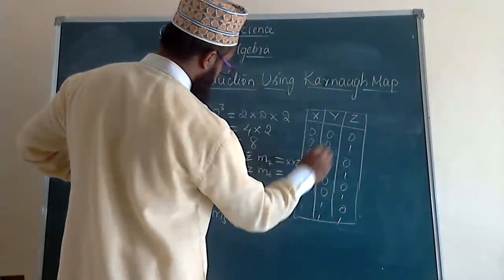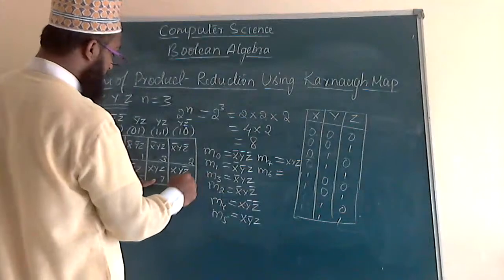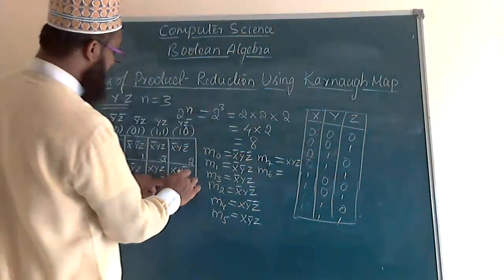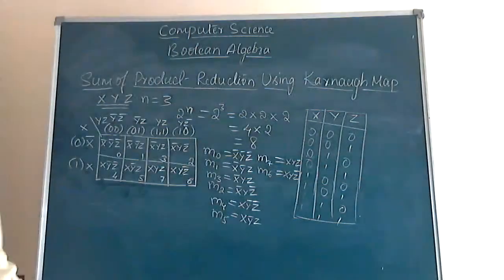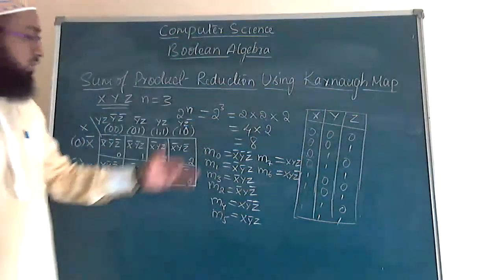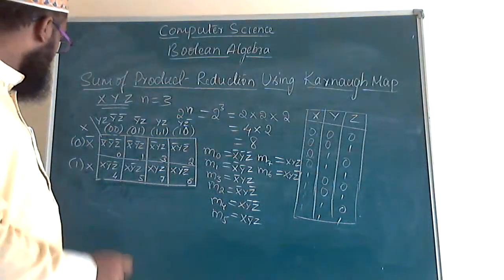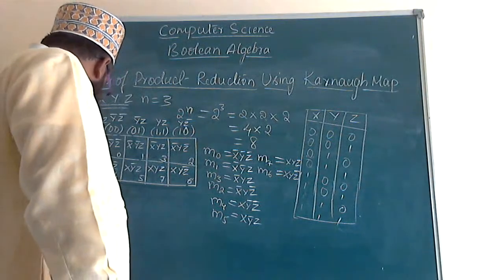Okay, m6 is there, so we have to take the min term from the number 6 square, that is x, y, z bar. So like this, we have to take the min terms. We have to create min terms for the 8 squares Karnaugh map.